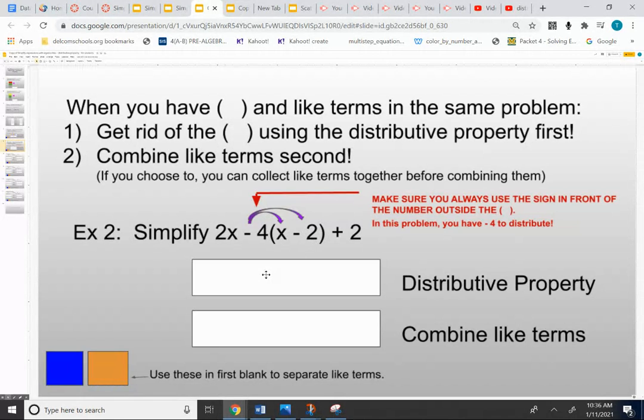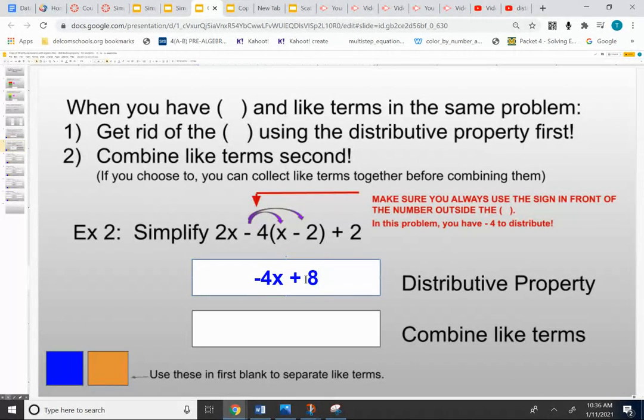Be really careful with that. So I'm going to take negative 4 times x, which is negative 4x. Then I'm going to take negative 4 times negative 2, treating that subtraction as a negative. The signs are the same, so it's a positive 8.